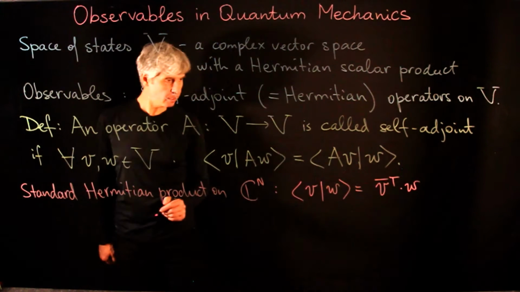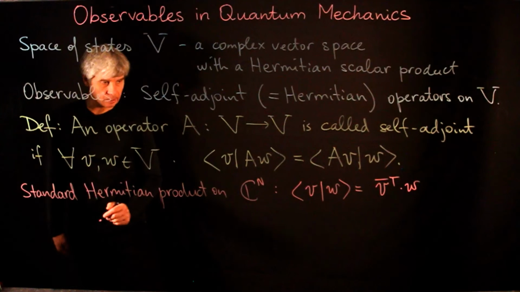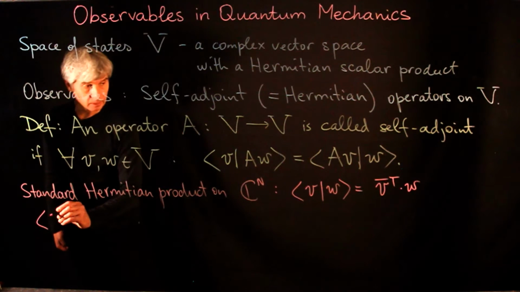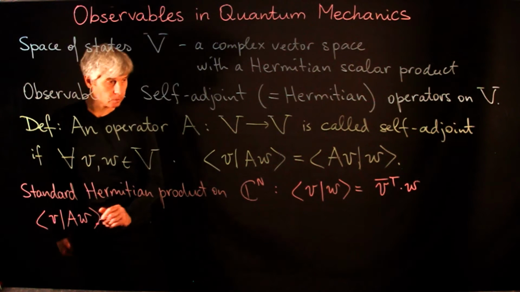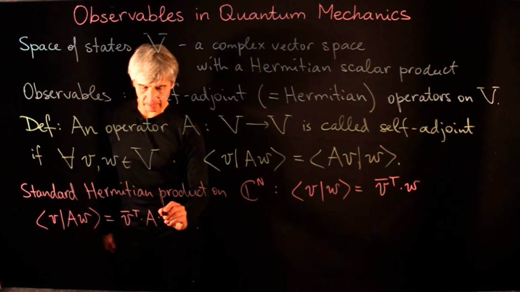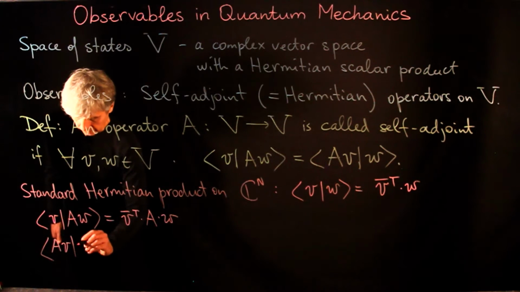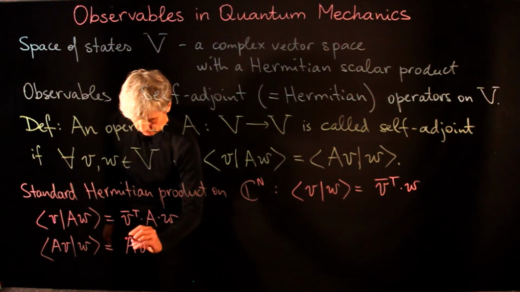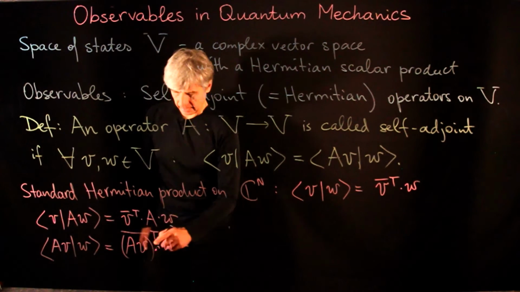And so if we write for this scalar product the self-adjoint property, if we write V with AW, this becomes V bar transpose times A times W. And if we write AV with W, this becomes AV bar transpose times W. And what is this?